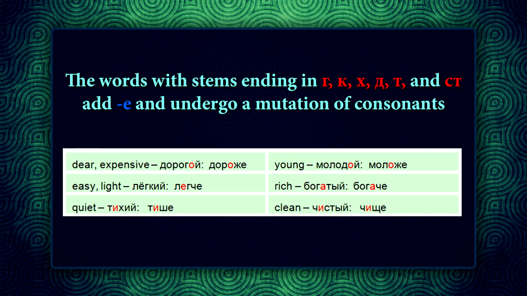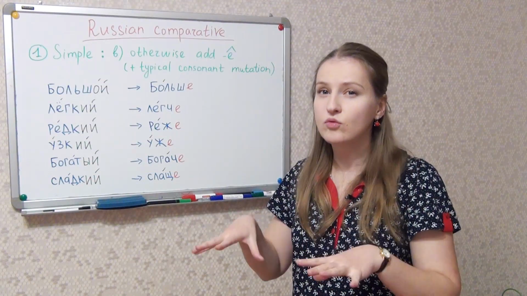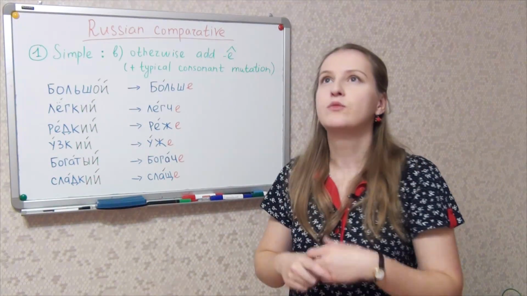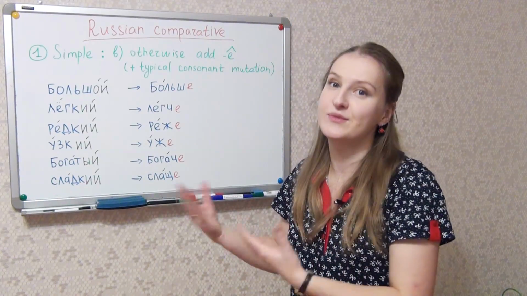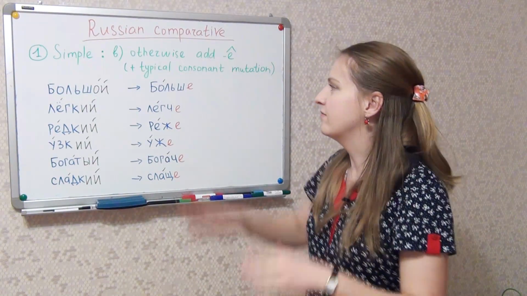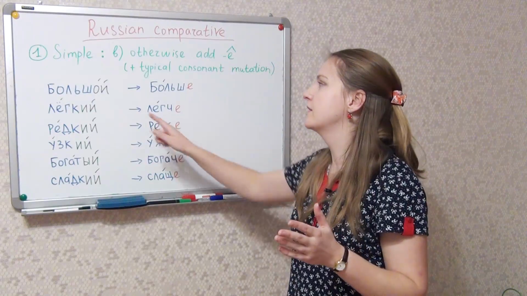Consonants mutate when the words change a little bit in Russian. If you do not understand what it is, I should make a separate video about it. There are certain rules which help you remember when some consonants should change into others. Anyway, let's take a look at the examples.